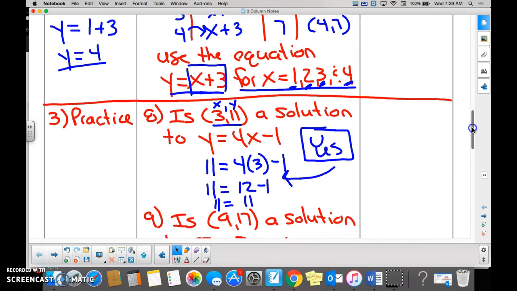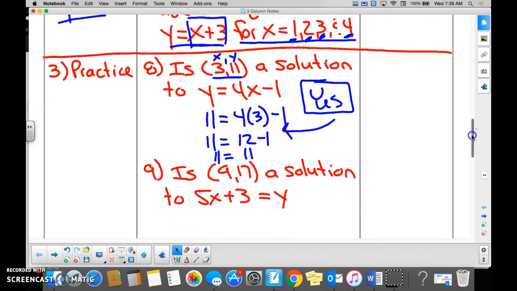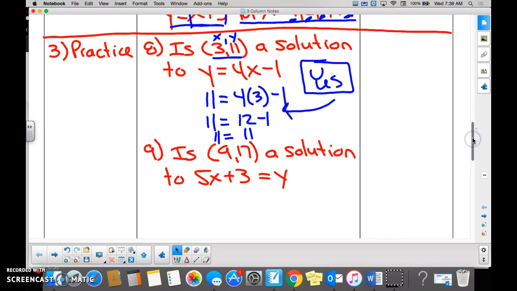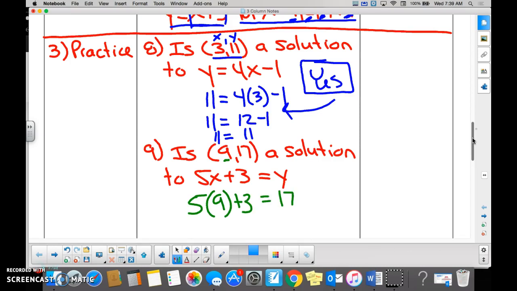Another example. Is the ordered pair 9, 17 a solution to 5x plus 3? Well, let's plug in. My x is 9, so 5 times 9 plus 3 is equal to 17, or is it not equal to 17?